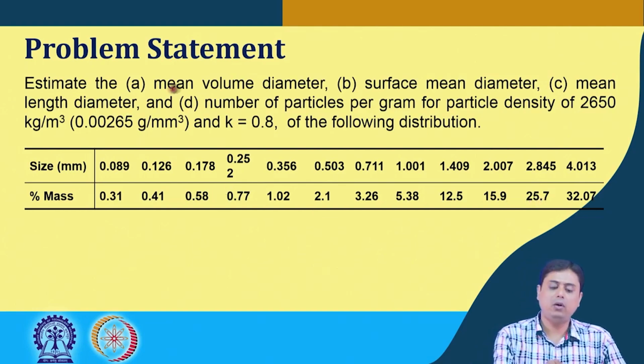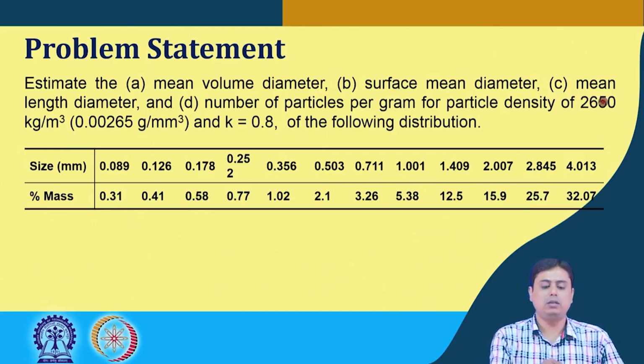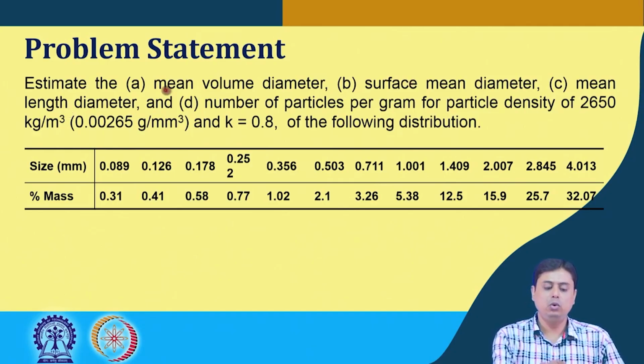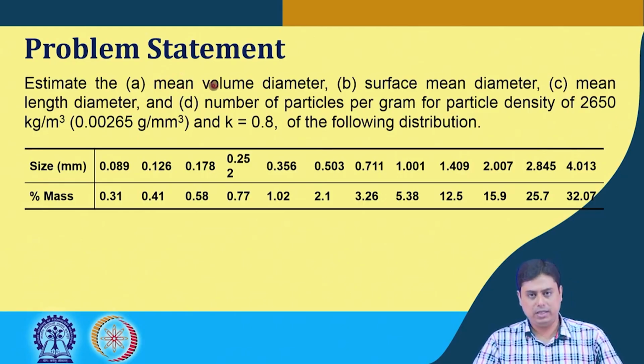We had to find out what are the mean diameters with respect to certain property, which is volume, surface and the length. Be careful to look at the adjective mean where it is written, because based on that the expression changes.